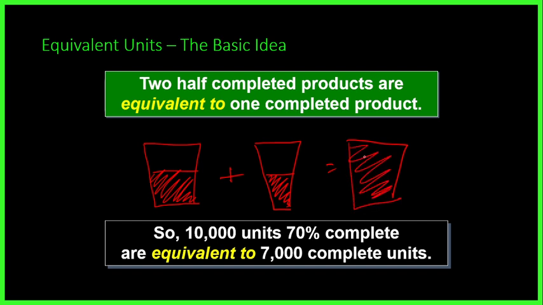So, 10,000 units which are 70% complete is as good as completing 7,000 units. That is the concept of equivalent units of production or EUP.